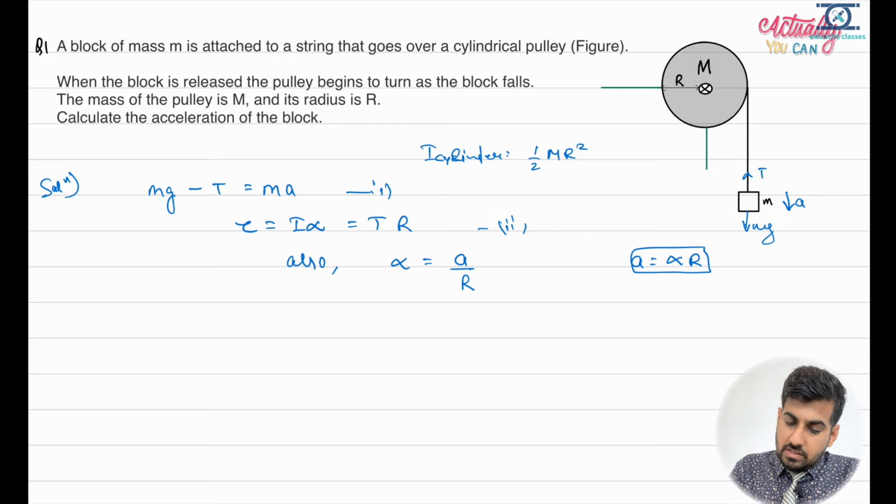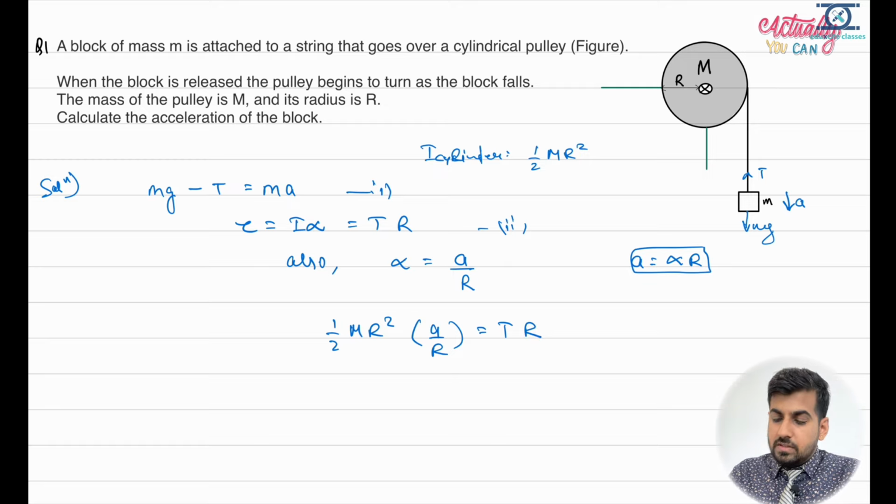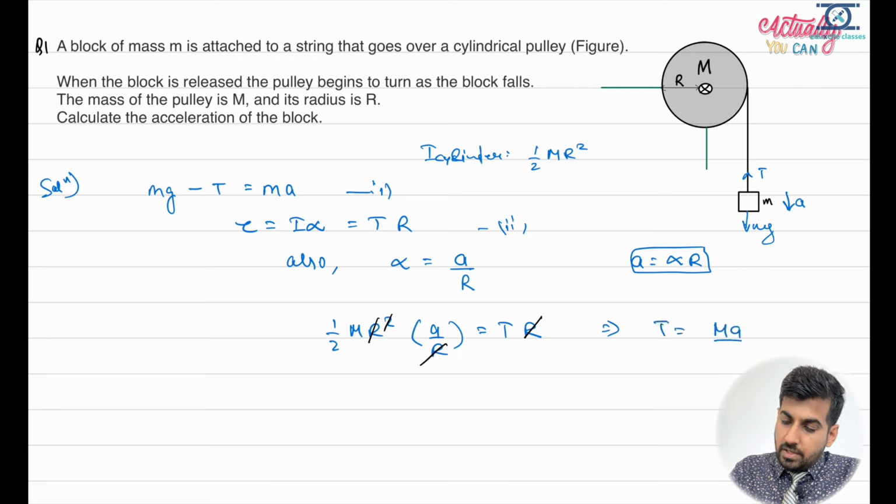So using this, if I put everything in the second equation, I get I as half MR square times alpha, which is a by R, equals T times R. Now this R and this R get cancelled. So tension is nothing but Ma by 2.